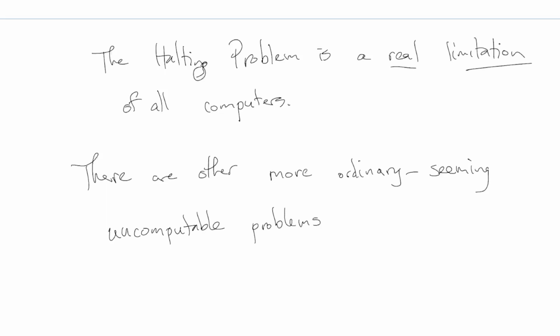And this will be what I want to talk about next time. Maybe I'll leave it here for now. But we're going to talk about at least two more problems which seem very down to earth, but it turns out are actually impossible to solve using Turing machines or any real-life computers. All right. So that will be for next time.